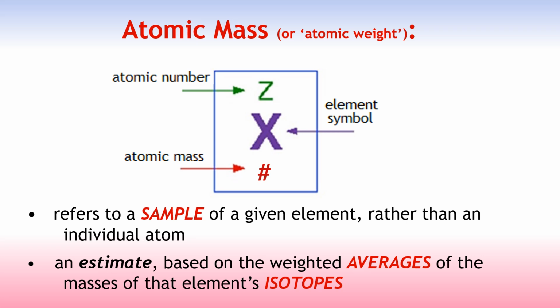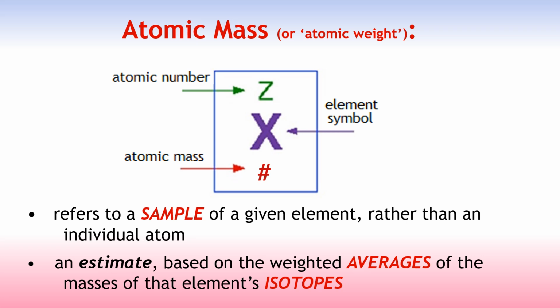And those atoms, even though they might all be the same element, are not going to be absolutely identical. And so we're taking an average of the mass, which may not be the same. We say it is the weighted average of the masses of that element's isotopes. Because it's an estimate, it's never going to be a whole number.